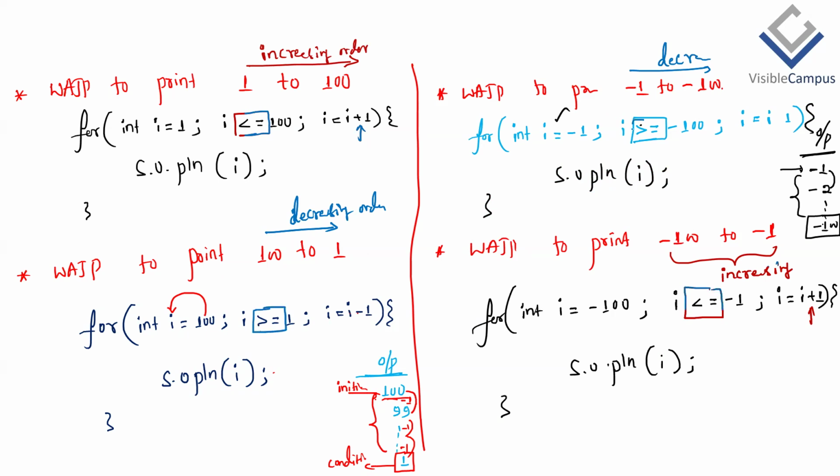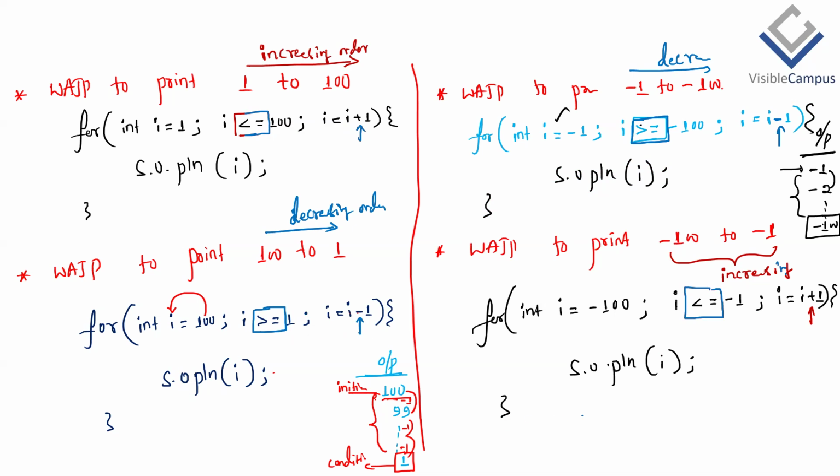Greater than or equal to, and here also. What is it, incrementation or decrementation? Minus, and here also minus. Correct? Therefore, if we change less than with decrement or greater than with increment, it will become an infinite loop, which means the loop will never end.